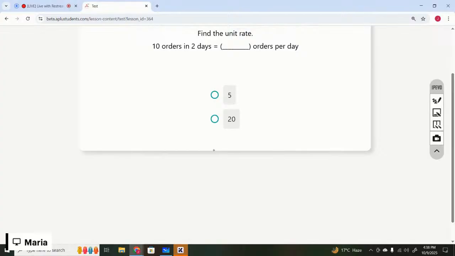So how many orders per day? The correct option is 5 orders per day. Option number 1 is the correct option.